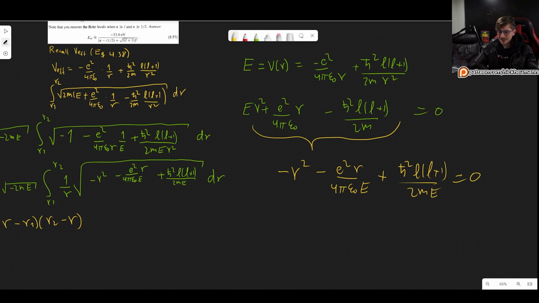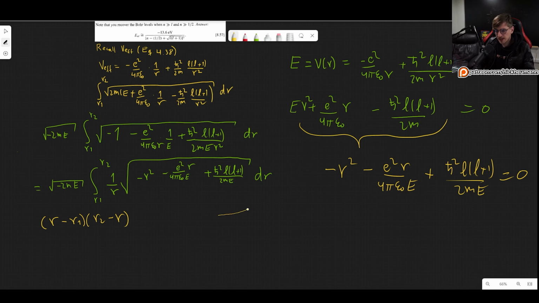We get exactly the same equation that defines the roots of this polynomial inside of the square root. So that means that the turning points that come out of this are going to be exactly the same as the roots of this polynomial. Okay, that's why we went ahead and called the roots r1 and r2.